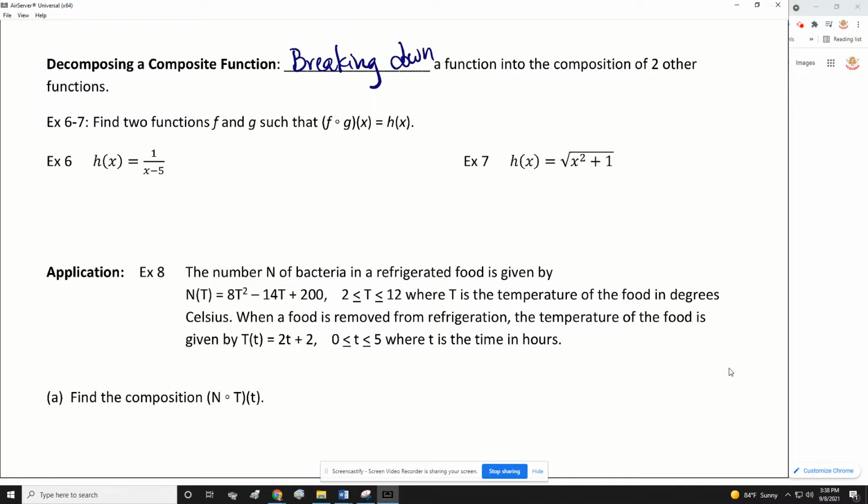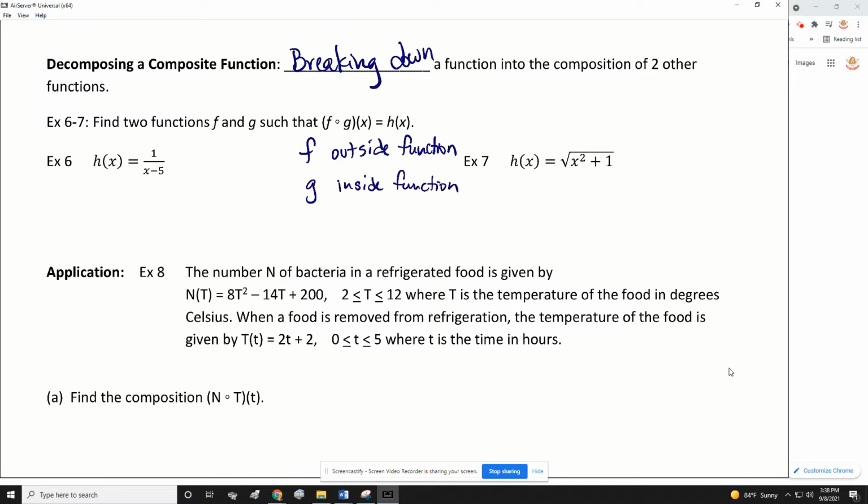All right. So we want to find the two functions f and g such that f of g of x gave us h of x. So f is the outside function and g is the inside function.